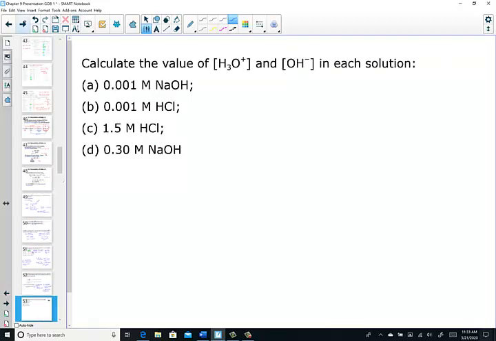Let's calculate the value of H3O+ and OH- in each of these solutions. I want you to recognize, are you being given the acid or the base?